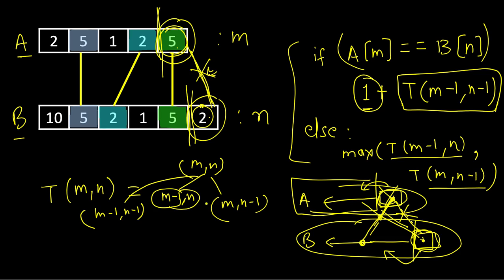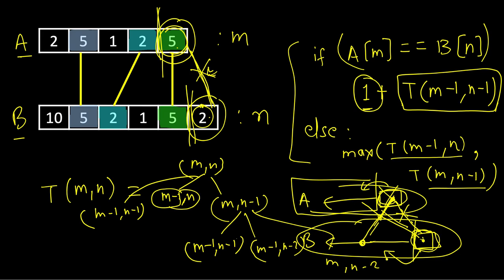All three are smaller than this, and if you expand this, it will again break into m minus 1 n minus 1, m minus 1 n minus 2, and one more, m n minus 2. And here also this is m minus 1 n minus 1, and it will further expand. So you see how rapidly this tree is expanding.